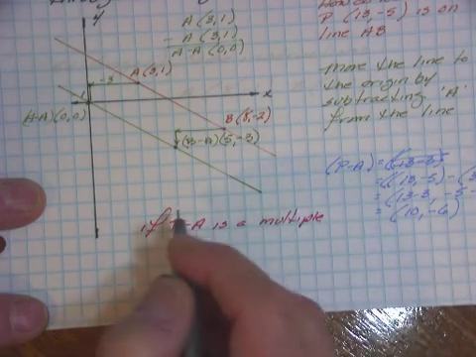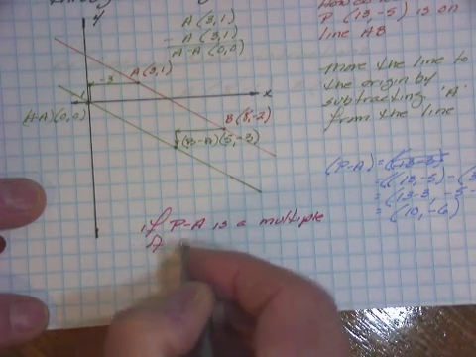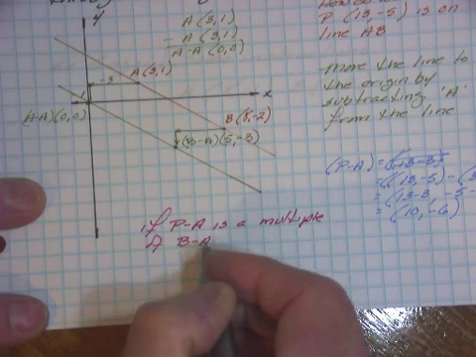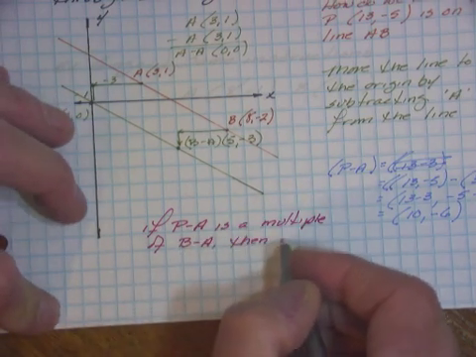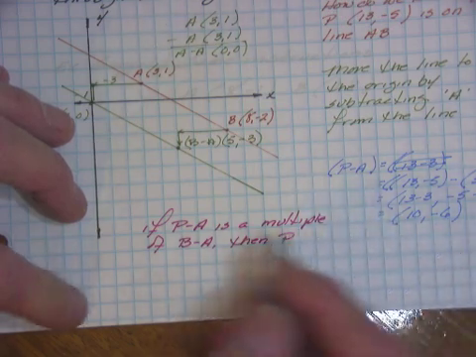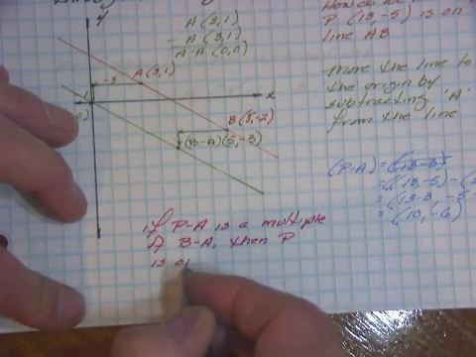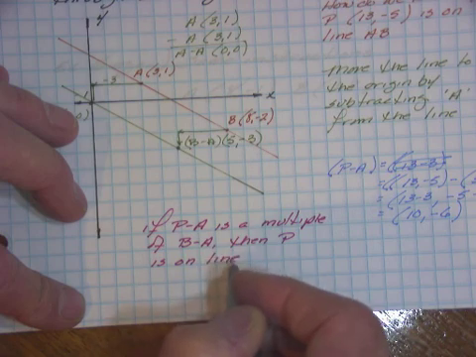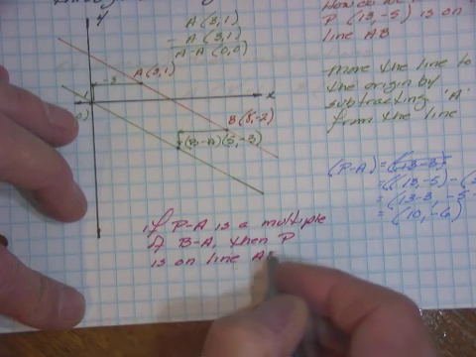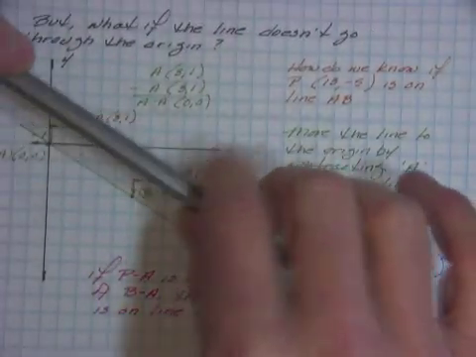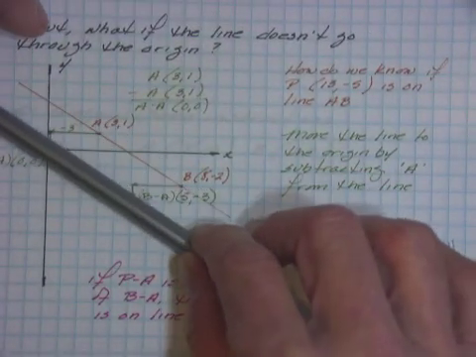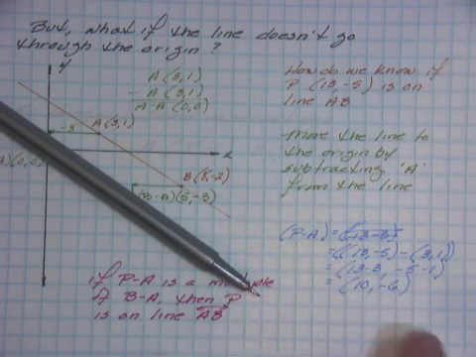So we can say if P minus A is a multiple of B minus A, then point P, the original point P, is on line AB.